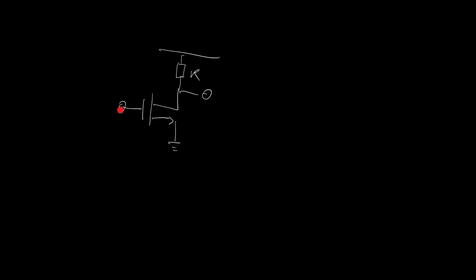On the other hand, if the input is a logic 0, then the channel is off, and so the output is going to be pulled high through this resistor. But if we were to connect this inverter to another logic gate, we saw in our last video that a logic gate's input looks like a capacitor, and the larger the value of this resistor, the longer it's going to take to charge up the capacitor, and the slower our circuit will react.